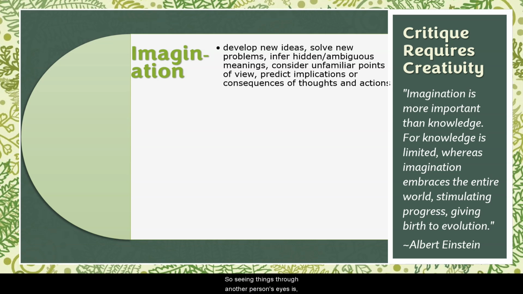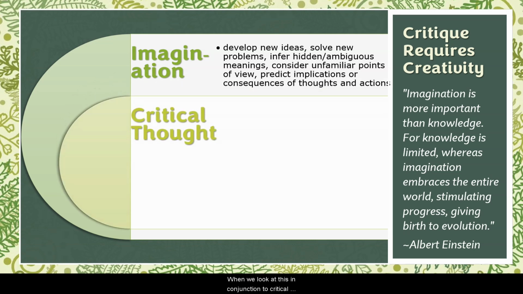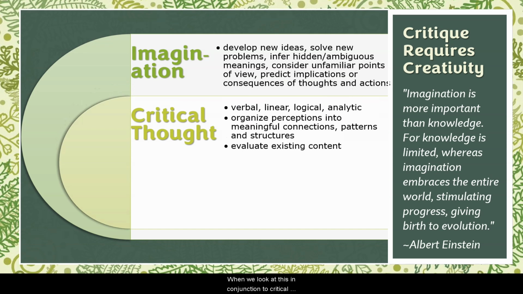Seeing things through another person's eyes is a skill we already universally value, and it's a capacity of imagination. Predicting the implications or consequences of thoughts and actions. When we look at this in conjunction with critical thought, that is often organized by verbal, linear, logical structures.